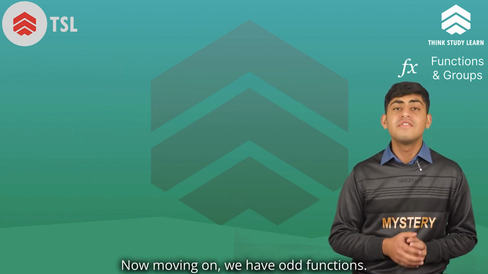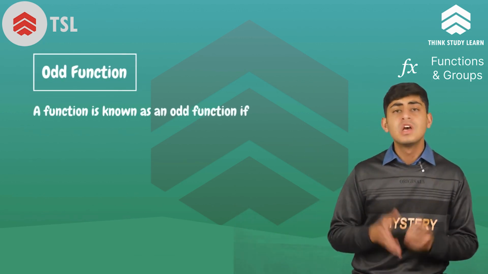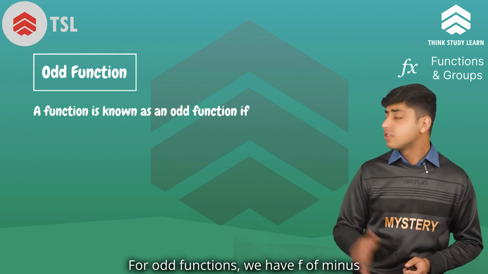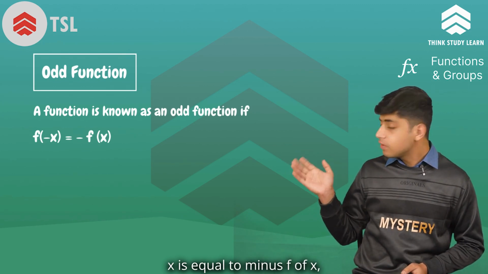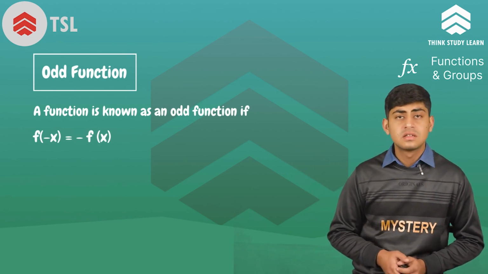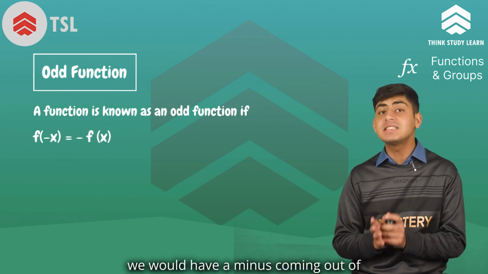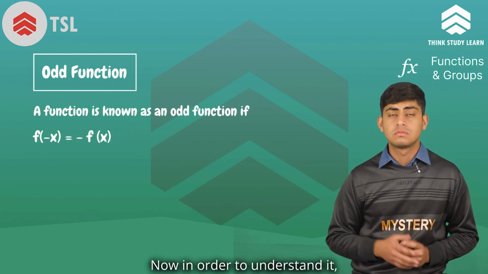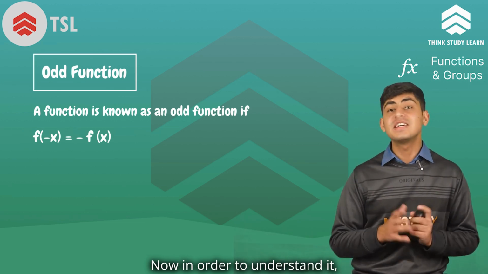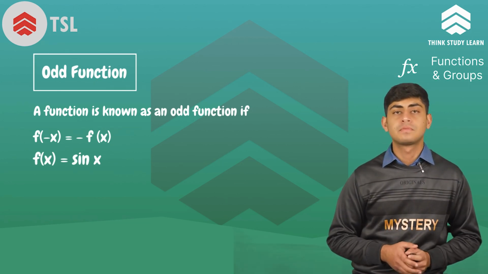Now moving on, we have odd functions. For odd functions, we have f of minus x is equal to minus f of x. That is, by replacing x by minus x, we would have a minus coming out of the function. Now, in order to understand it, consider the example of the sine function.